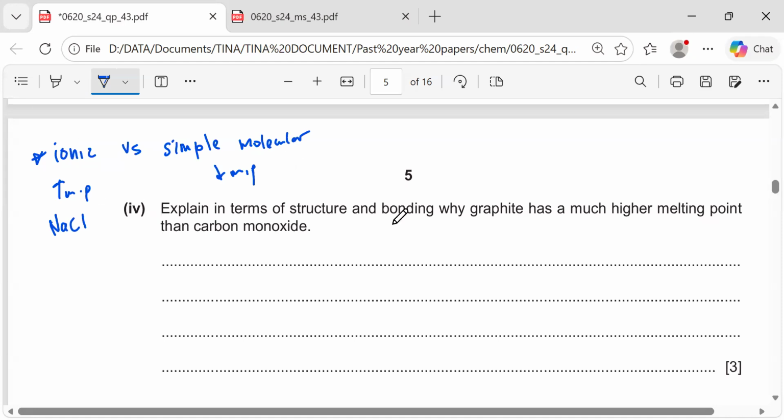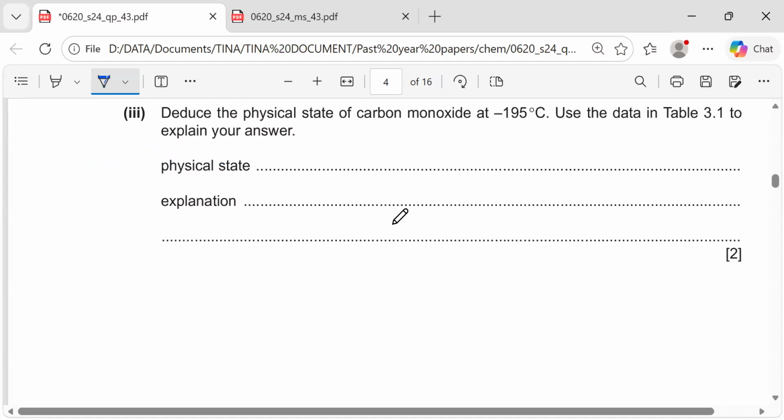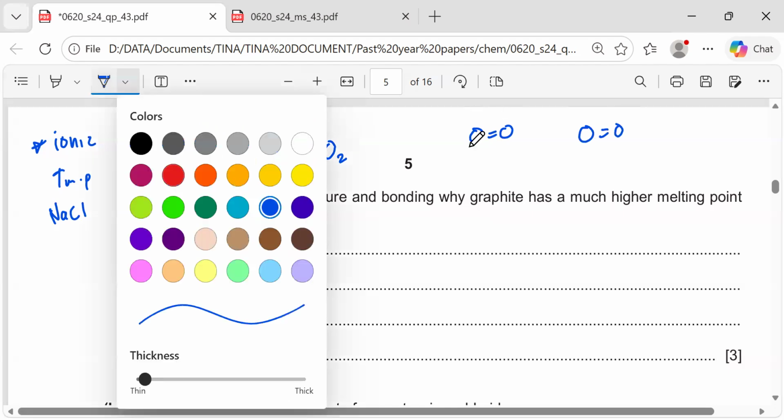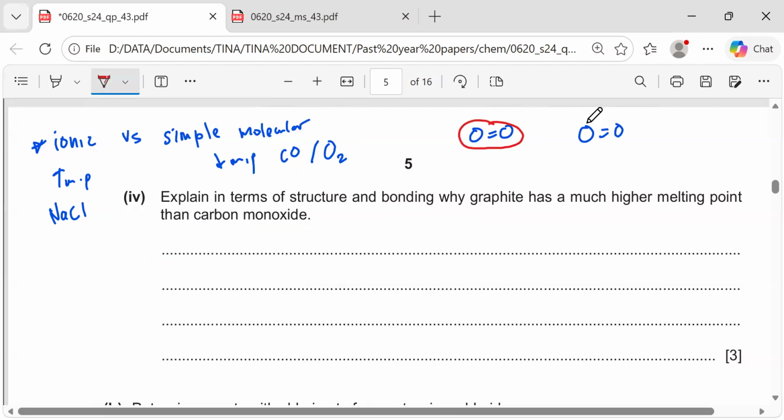In this case it is oxygen. Why do carbon monoxide or oxygen have a low melting point? Then you must explain the intermolecular forces of attraction, the forces of attraction between this molecule and this molecule.